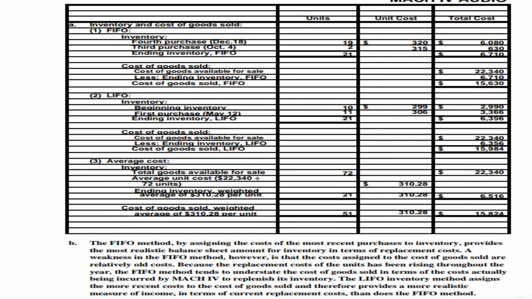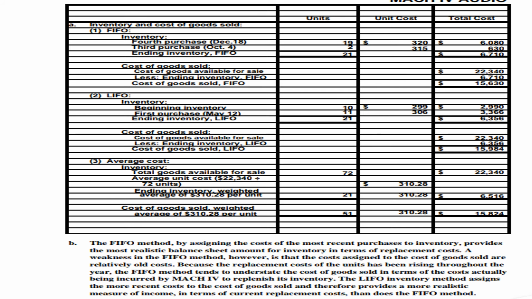In case of LIFO, first of all, we'll take ending inventory, and in ending inventory we'll take the oldest cost, because in LIFO the inventory has the oldest units. That means the units which we purchased first.